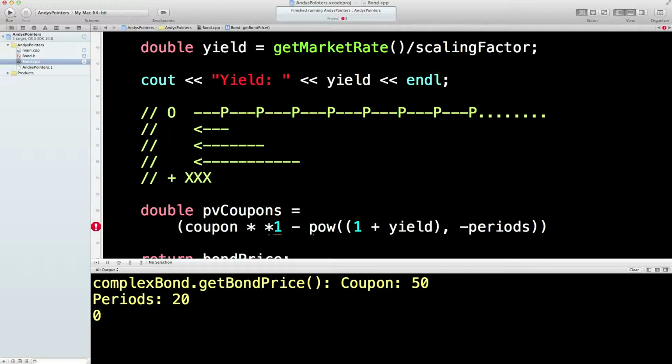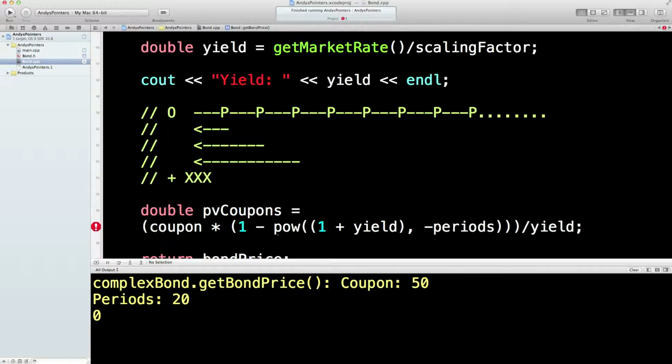And then we divide, oh, sorry, I've got the wrong thing there. Okay, let's just check those brackets. That looks right, that looks right, that looks right, and then we divide that by the yield again.